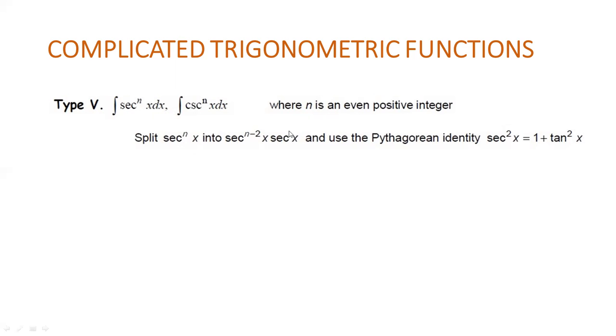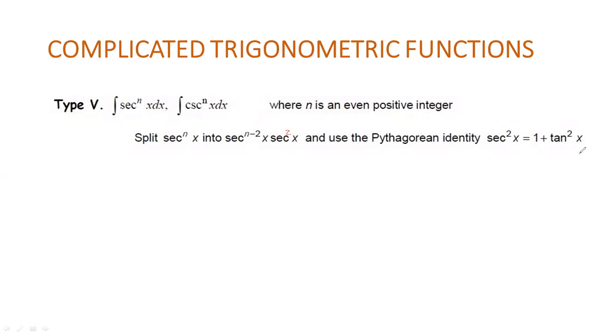This is secant squared of x. And let me annotate. So there has to be a 2 in here because it's a minus 2. So this must be your 2. Okay? And use the Pythagorean theorem to convert the secant squared function here to 1 plus tangent squared. The rule is always, class, in trigonometric transformation that you have the appropriate pairing. You pair the function with its corresponding derivative.